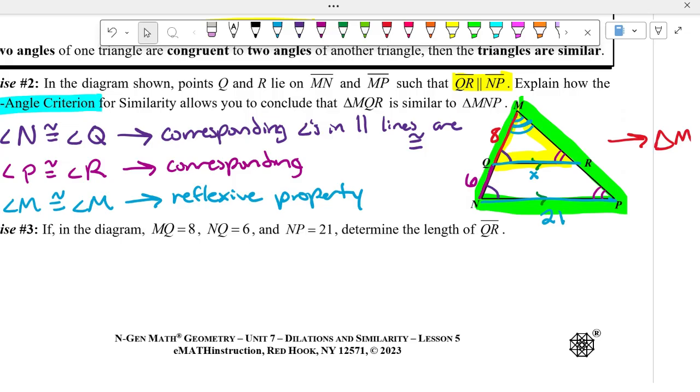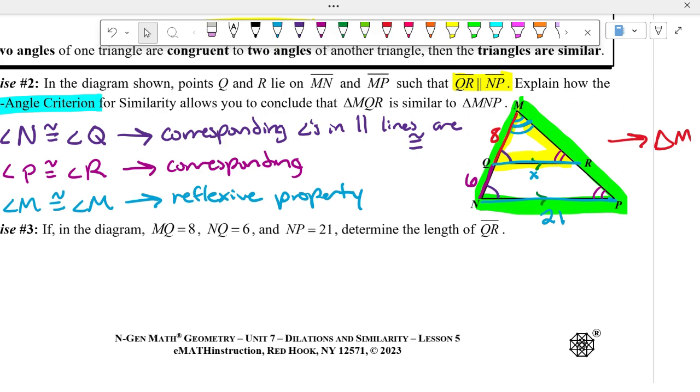So how can I set up my proportion that has the two corresponding sides already marked? Are there two sides that are marked and known? There is. Which sides? MQ is one side, but QN is technically not its corresponding side.